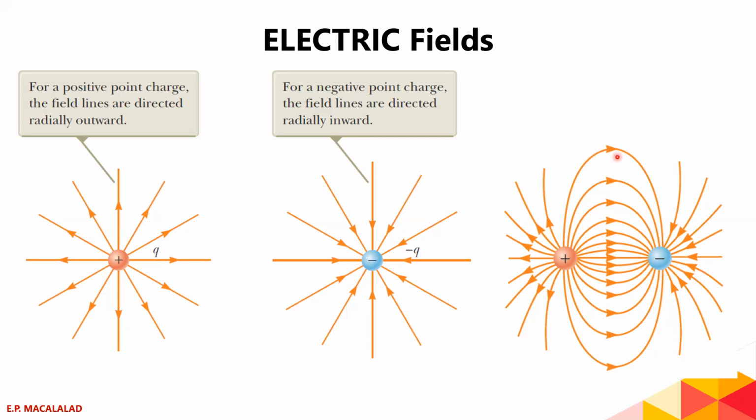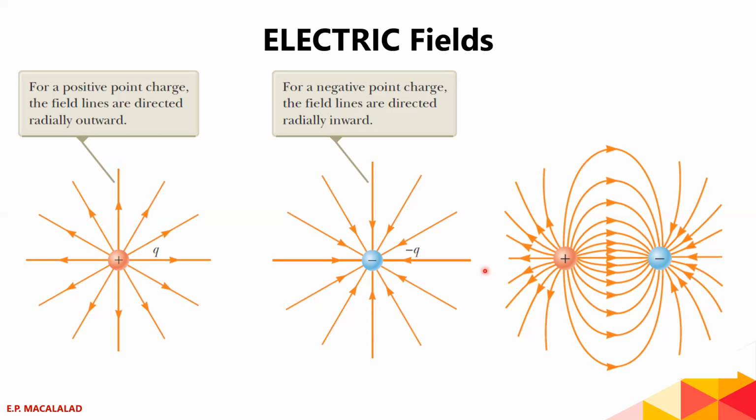That means the electric field strength in that area is weak compared to regions wherein the electric field lines are closer to each other. And of course, you can see the direction of the electric field at certain regions in space.